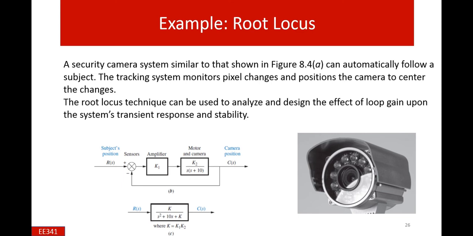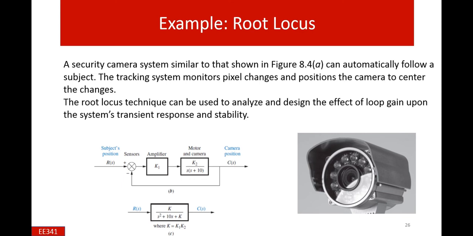It can automatically follow an object, and the tracking system monitors the pixels and the position of the camera relative to the center of the changes. Root locus techniques can be used to analyze and design the effect of loop gain on the system transient response and stability.